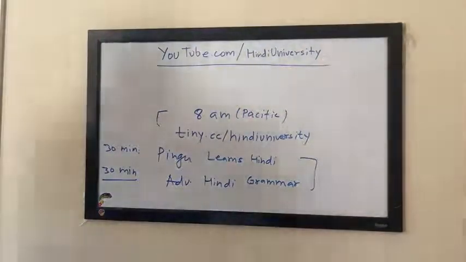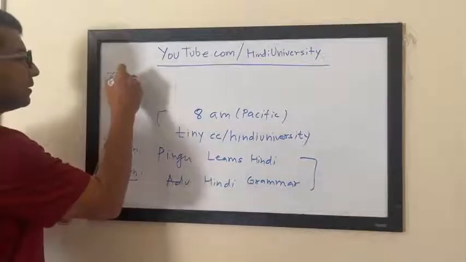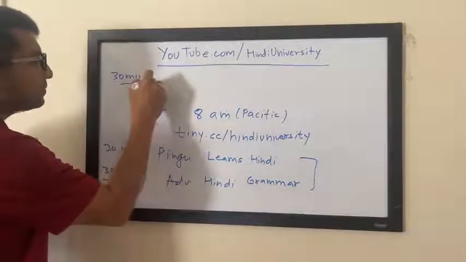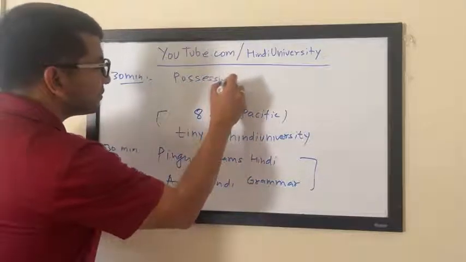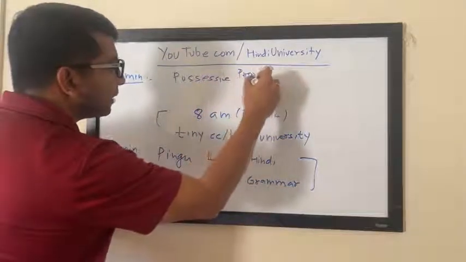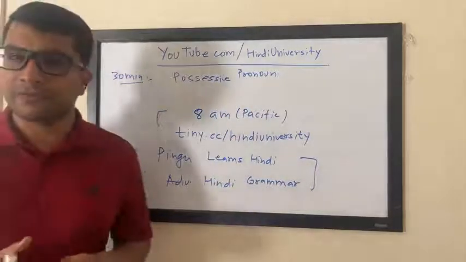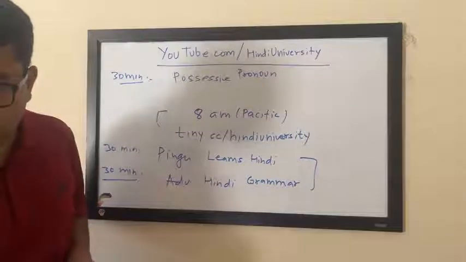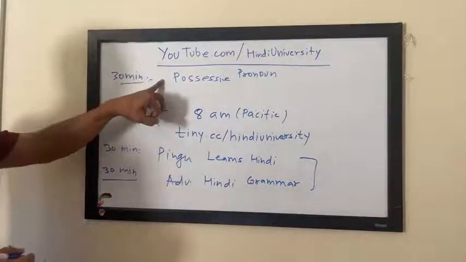So today, what are we going to do? The first 30 minutes we'll spend on Hindi possessive pronouns. I know it's a very basic topic, but I still want to make sure everyone has a grasp of it. So we'll do a small game around that and check everyone's understanding.